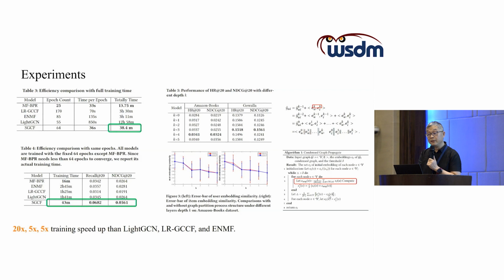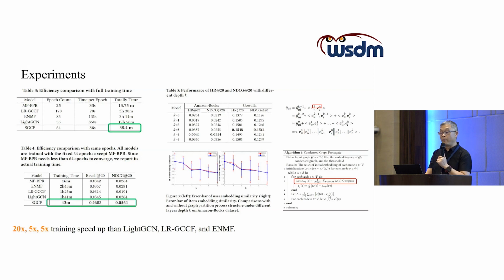The last comparison is about the effect on over-smoothing. Here we run our experiment on 2 datasets, and make a comparison for the user and item embeddings.